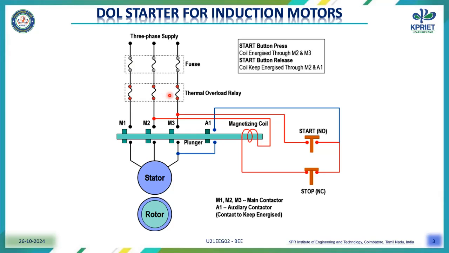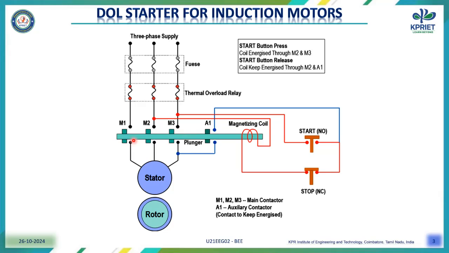Similarly, a thermal overload relay is used, connected in series with the stator. The main purpose is that when the motor's thermal rating increases beyond the normal value, the thermal overload relay will energize and disconnect the main supply to the motor.